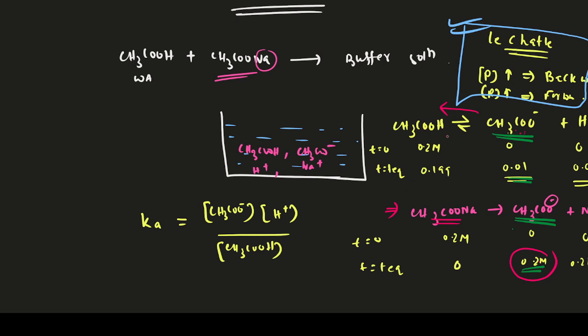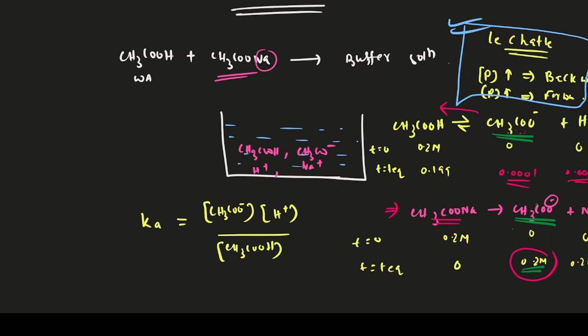So the dissociation, whatever it was giving, 0.01, 0.01, also becomes very small, because of the strong electrolyte and the common ion effect.